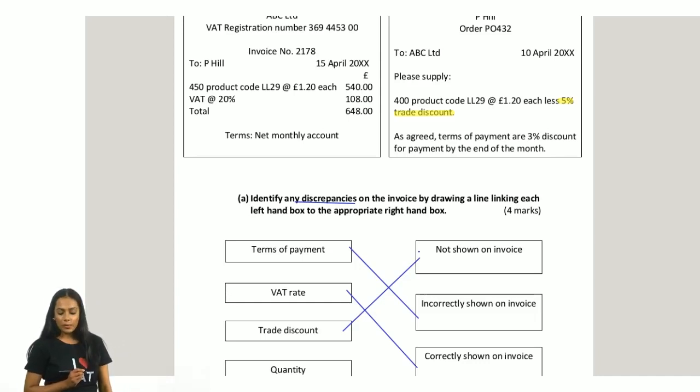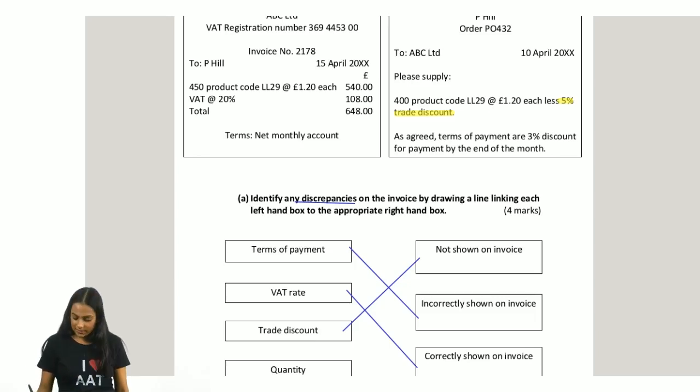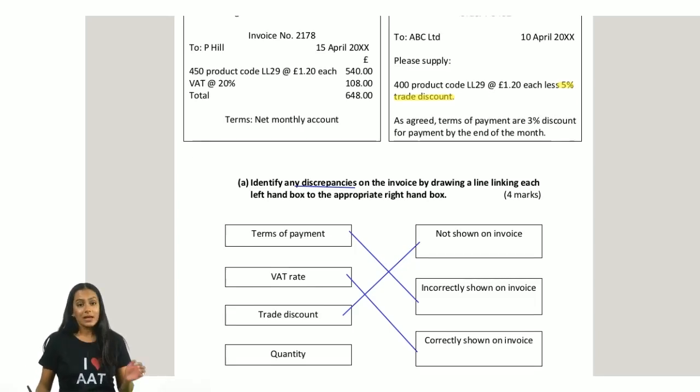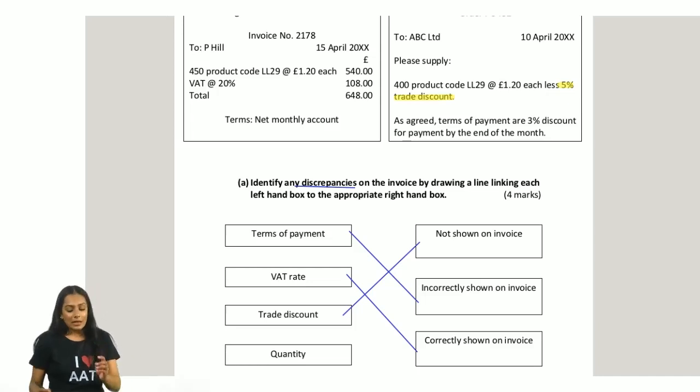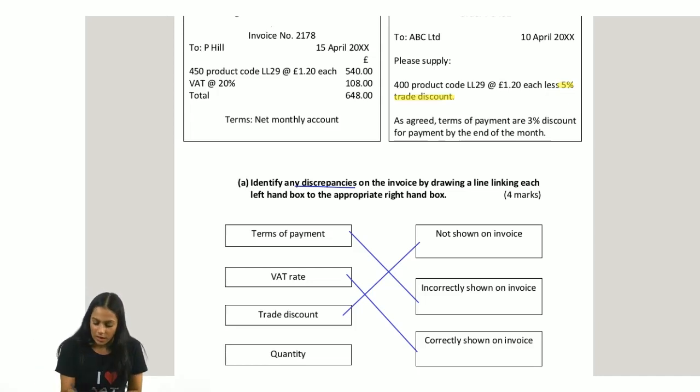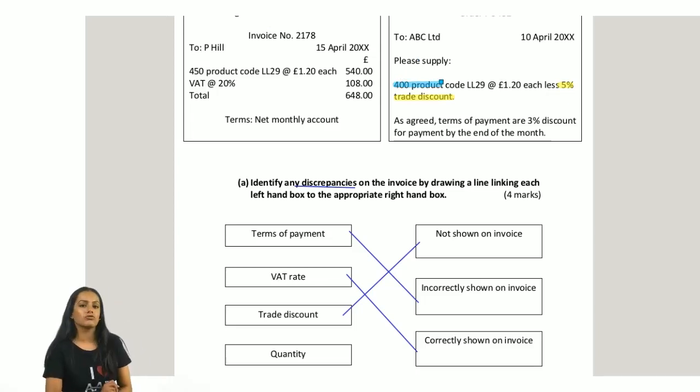And finally, we have quantity. The quantity is asking us, have we shown the correct amount that the customer has ordered from us in terms of the units? Now for the purchase order, I can see that P Hill has requested 400 units of product LL29.